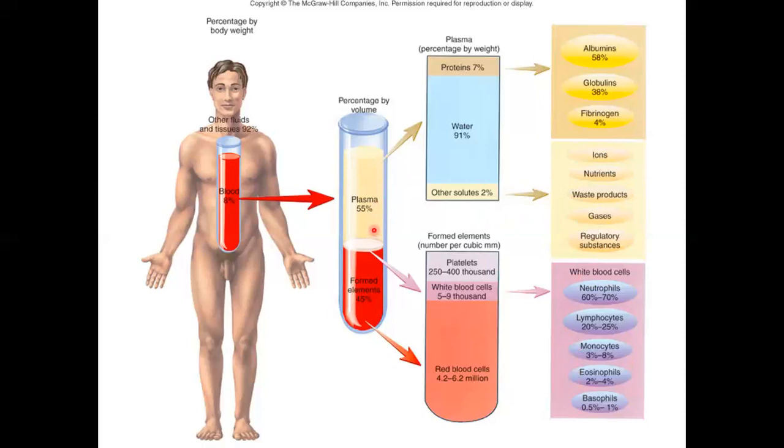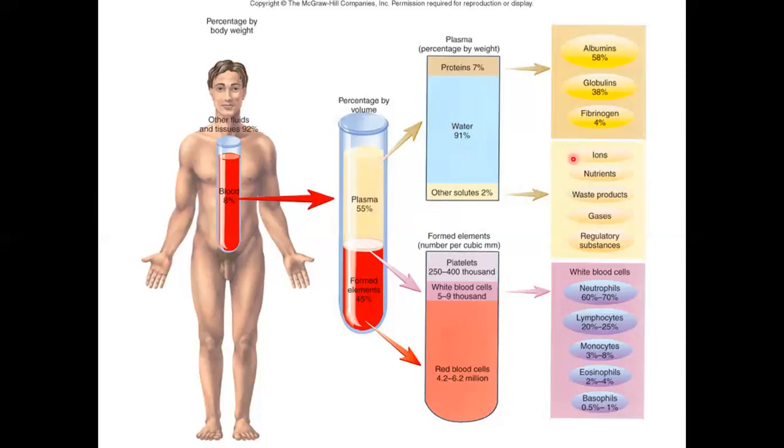Okay, so let's look at the buffy coat. This buffy coat, the white layer, is made up of white blood cells and platelets. And then plasma is 55% of your blood. Most of it's water, right? 91%. There are some solutes in there, like ions. Can you give me an example of an ion that is found in plasma? Good. Sodium, which is a +1.